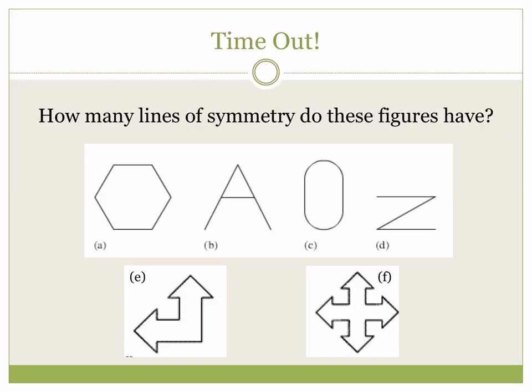How many lines of symmetry did you get for the first one? 6. So if you didn't get 6, you probably got 3. So what are the 6 lines of symmetry? Well, 3 of them are the diagonals. If you connect all the diagonals, I'll just draw one of them in there, there are 3 diagonals.